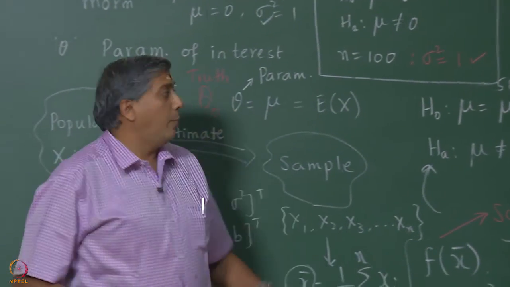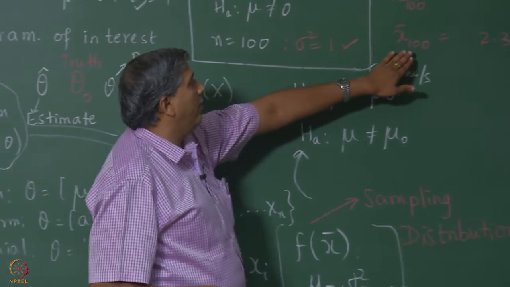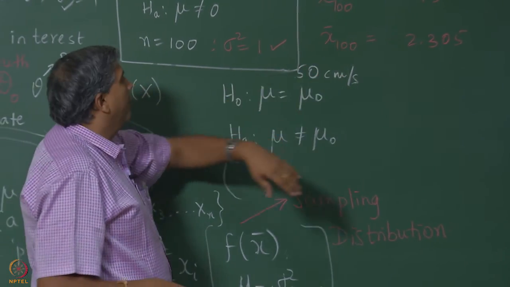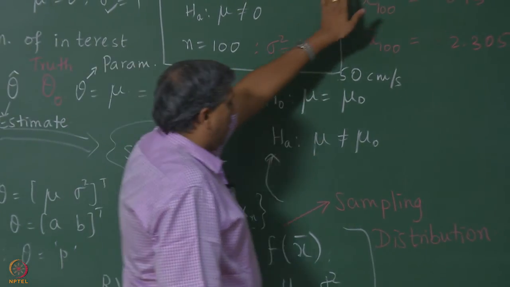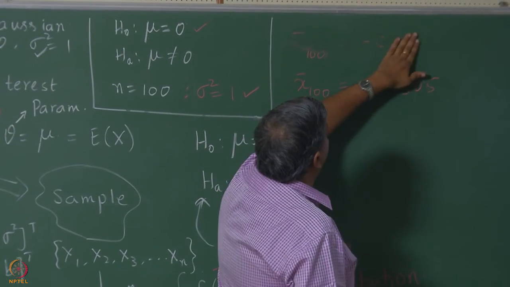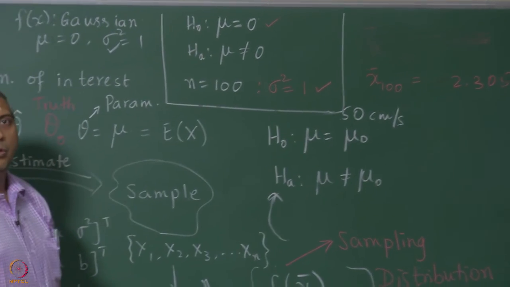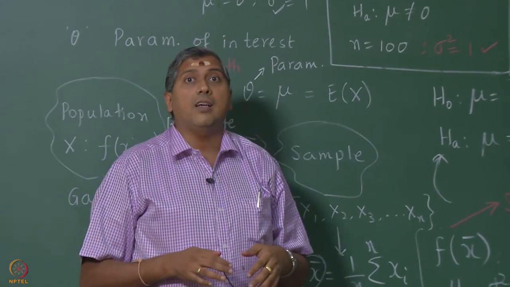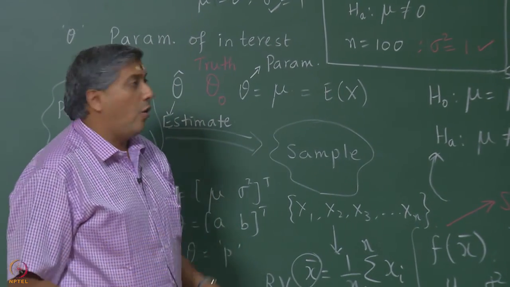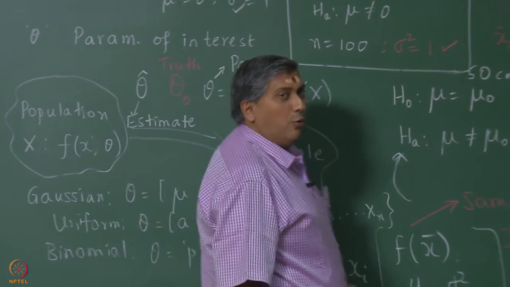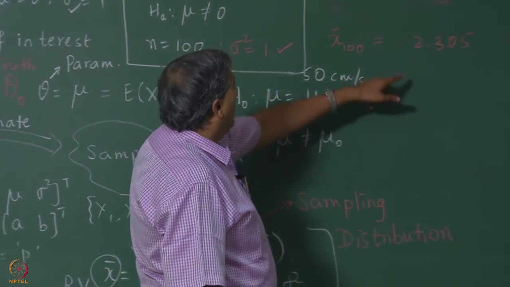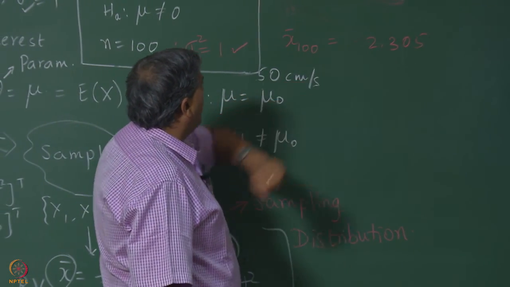Suppose this is the only realization that you have and it got you this x bar, such that your x bar works out to be 2.3. Obtaining such a realization takes a lot of bad luck, but let us say you really obtain that and you obtain x bar this way.